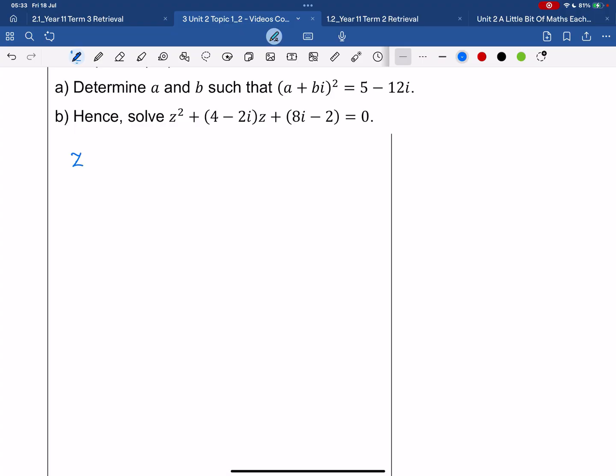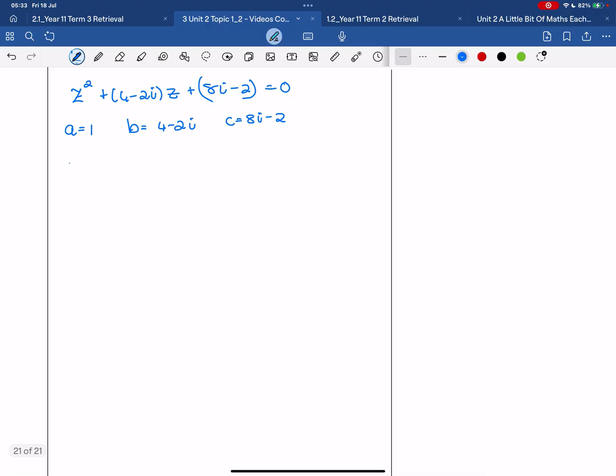So we've got z squared + (4 - 2i)z + 8i - 2 = 0. And just to make really clear, if you haven't been given it in the form where you've collected all your terms that have got z's and all your constants, you probably need to do that beforehand. In this case, a is 1, b is the whole of 4 minus 2i, and c is 8i minus 2. And I'm going to use my quadratic formula.